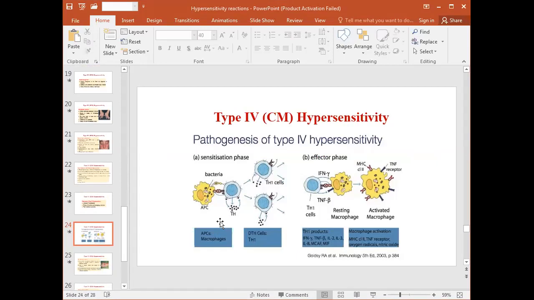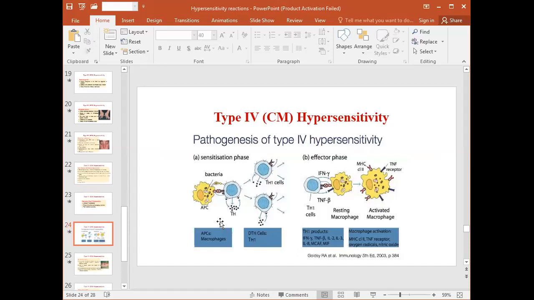Then they activate the T helper cell 1, and these T helper cells release some pro-inflammatory cytokines and induce the effector cells. Th1 releases interferon gamma and the interleukins, and activates the macrophages as well, in association with MHC class 2 proteins.